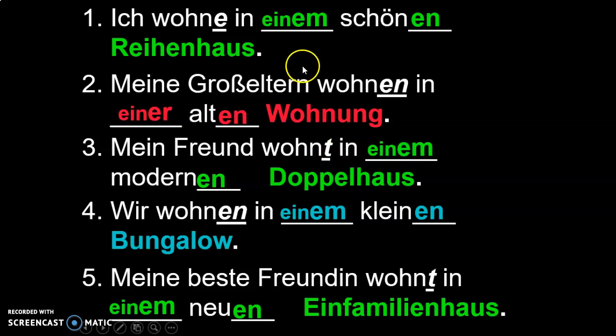And also obviously the endings for a. So in einem schönen Reihenhaus. So it's das Haus, die Wohnung, das Doppelhaus, der Bungalow, das Einfamilienhaus.